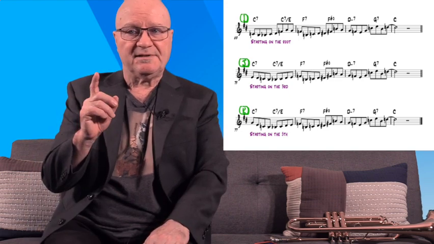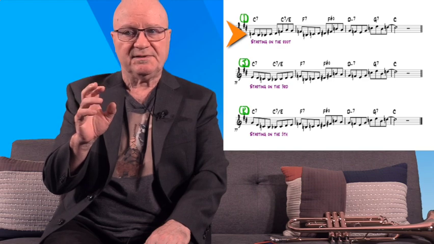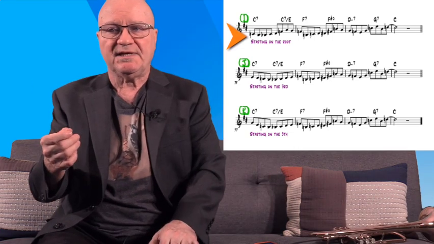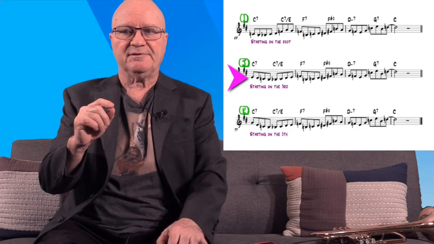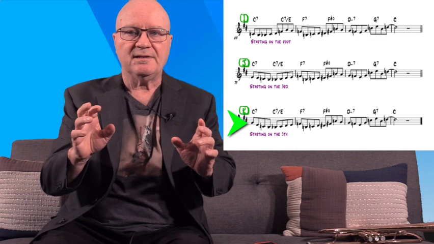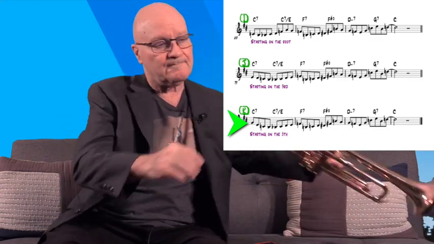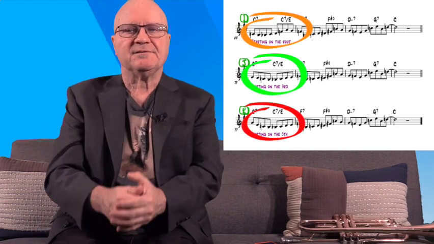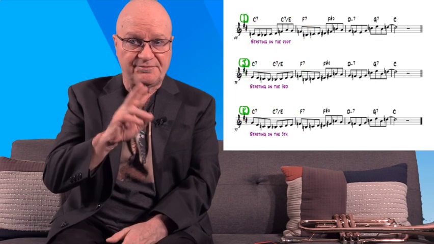In example I am starting on the root of the key that the rhythm changes are in, in that case in the key of C. In example J, I am starting on the 3rd of the key we are in, that being the note E. And in the case of example K, I am starting on the 5th of the key we are in, that being the note G. So you see, only the first bars of I, J, and K are different in these 3 examples.